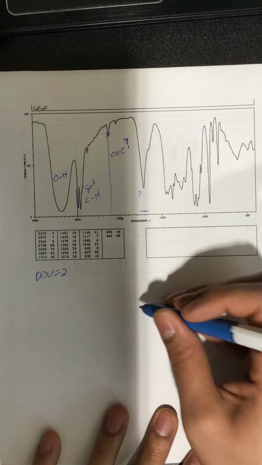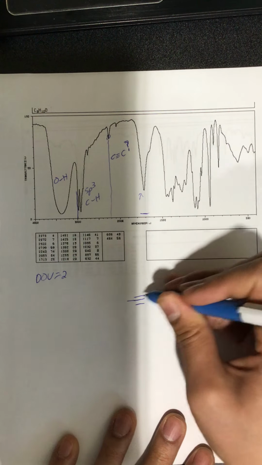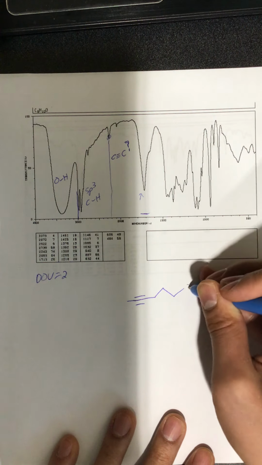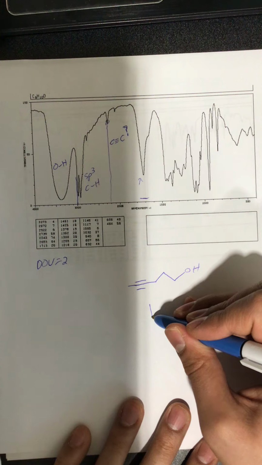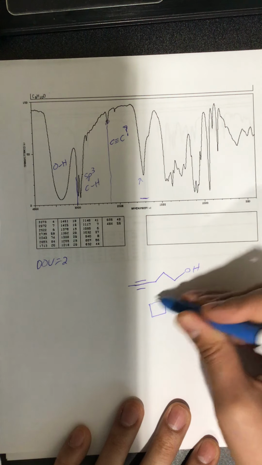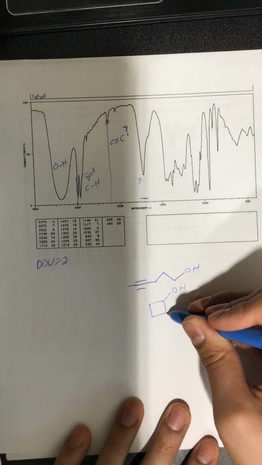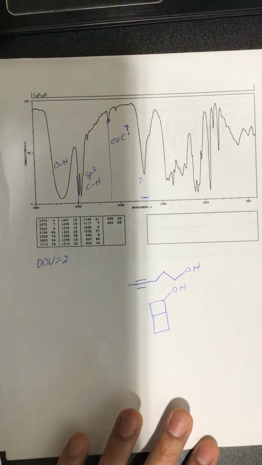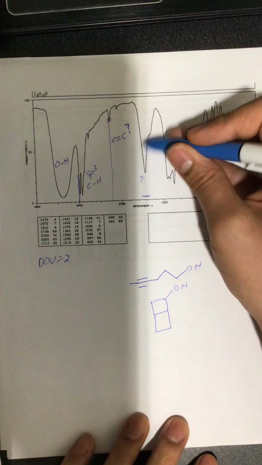So let me just, from where I am, draw some potential molecules. 4, 5, 6, I guess. I put an alcohol any which way. The other thing I can think of is, I need 2 degrees of unsaturation with rings. So maybe with only 6 carbons, because you need 2 degrees of unsaturation. That seems crazy, but there's no visible alkene.